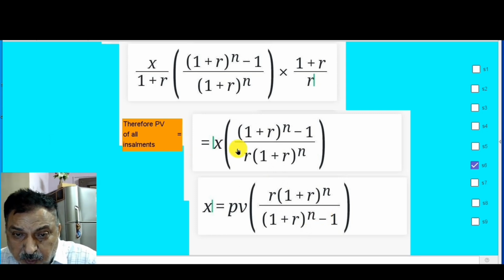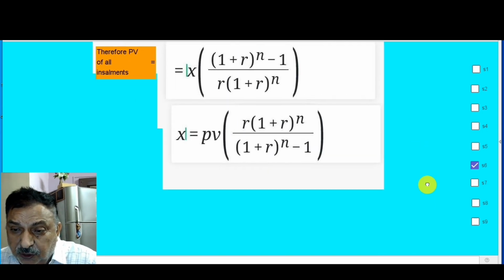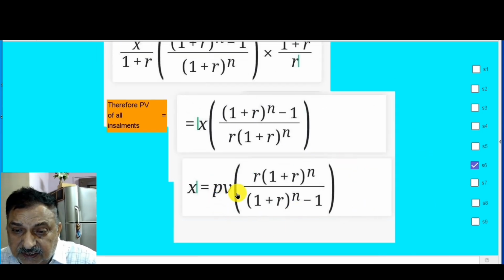This line is important. The present value is equal to this. Therefore x is equal to the present value divided by this, and we get this. Therefore we have got the value of x. X means the value of EMI. Therefore we have calculated the value of EMI. X is equal to this.